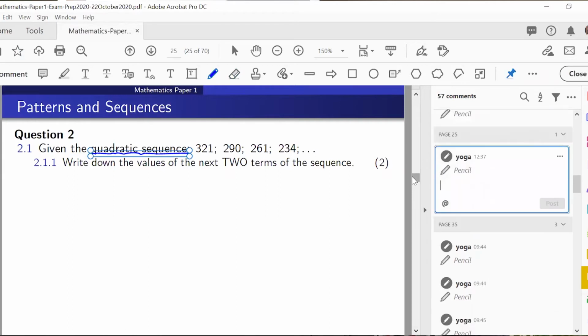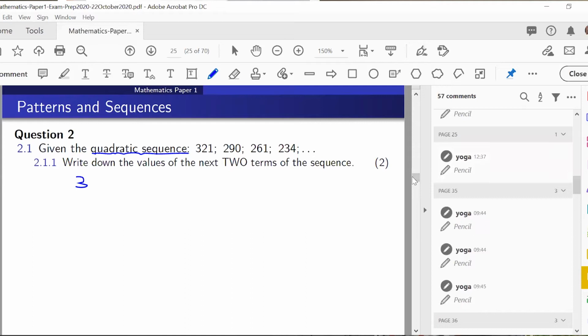A quadratic sequence. Now, as it is a quadratic sequence, we must first of all look for the first difference. So we take these numbers as they are: 321, 290, 261, 234, and so on. Now we look at the first difference.